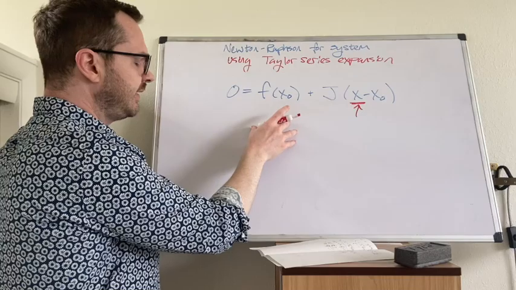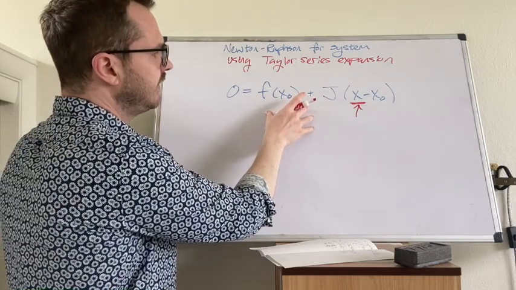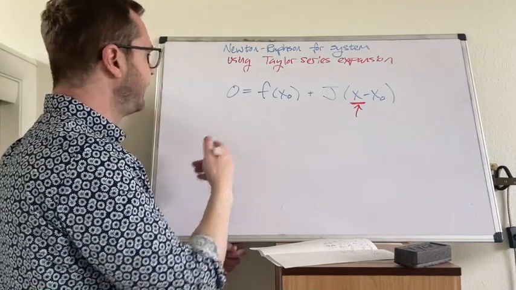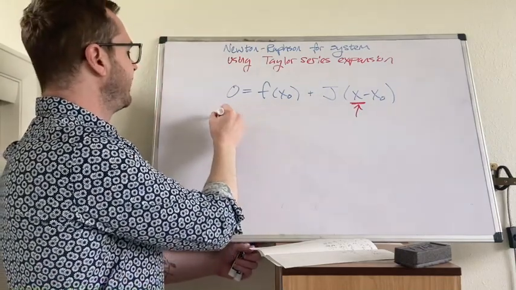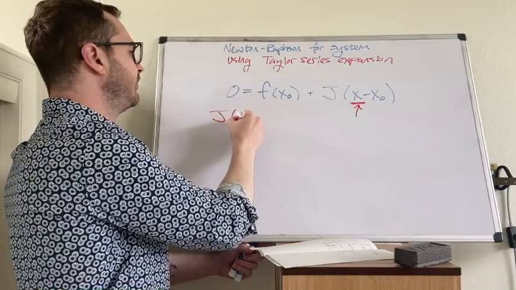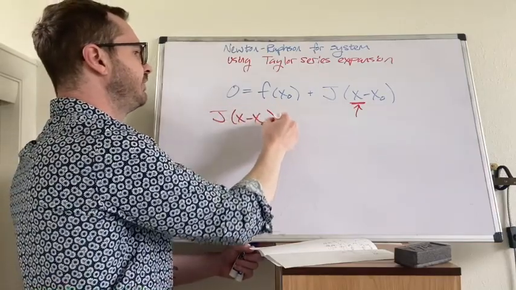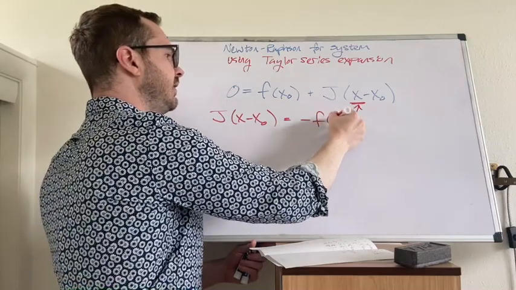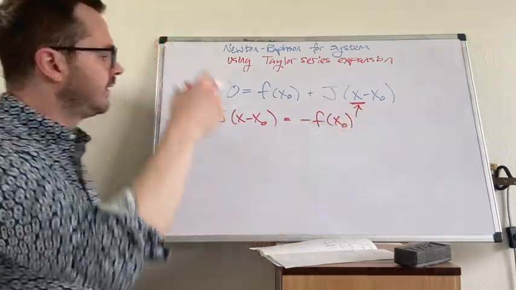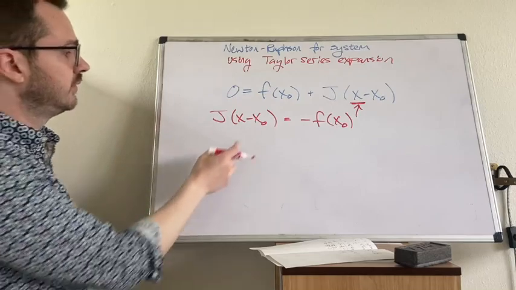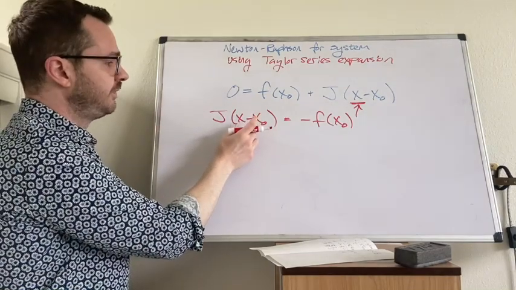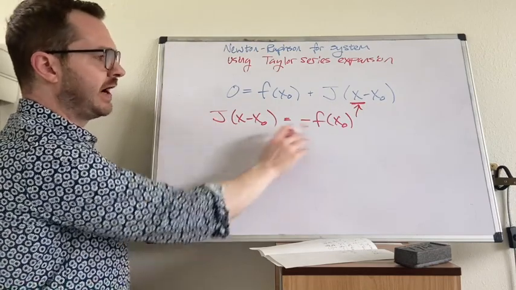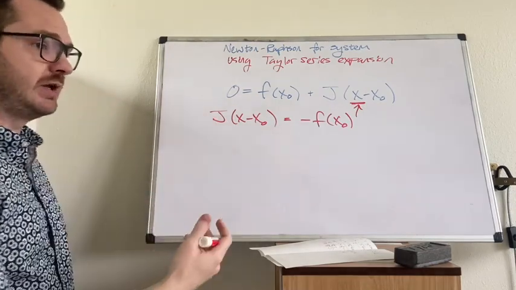Clearly we can take this and move it to the other side. I can say that J times x minus x naught is equal to minus f of x naught. We want to get x by itself. And this J is a matrix, so you can't divide by J, but you can do an inverse.